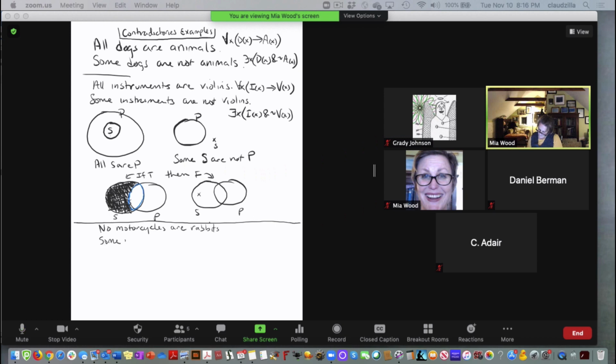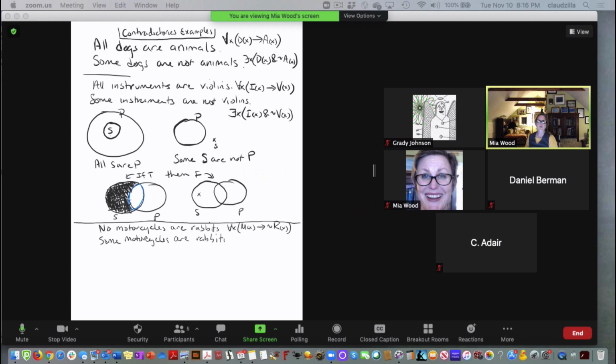Some motorcycles are rabbits. So we've got universal, M for motorcycle, not R for rabbits. I know I still owe you a bit of a discussion about the notation, the connectives that we're using.